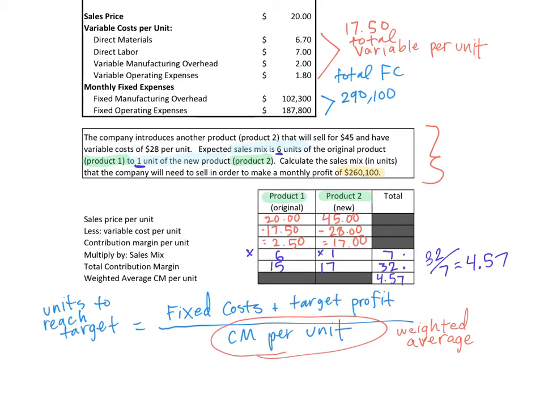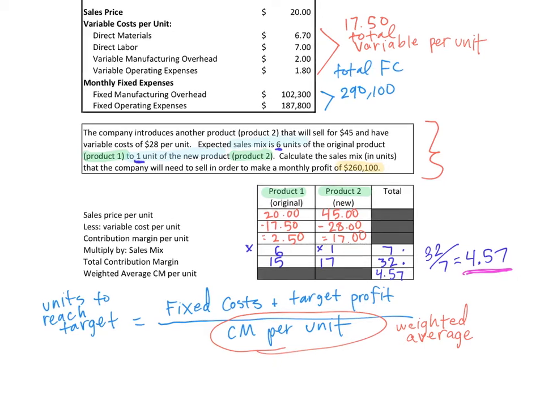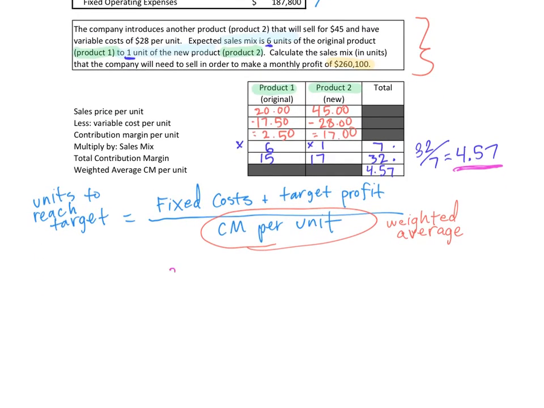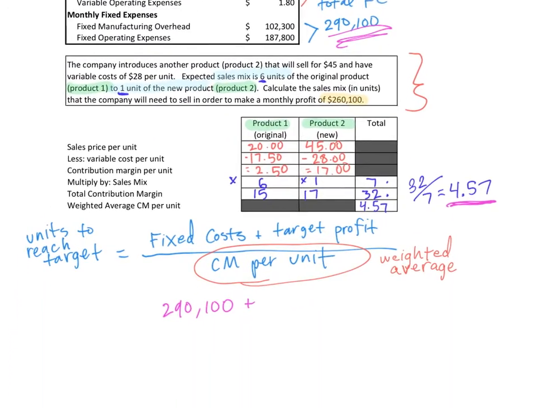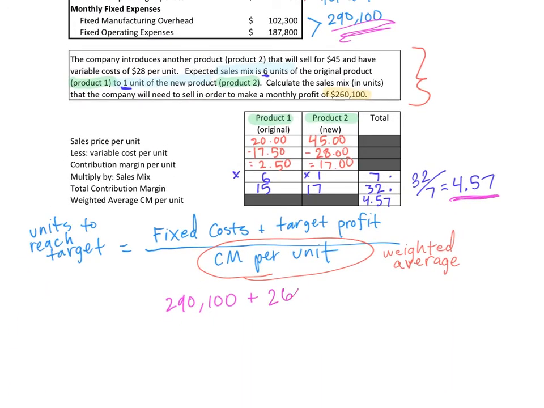We've done a lot of work to get to the weighted average contribution margin per unit, and now that we've calculated it, we can then plug that value into our target profit equation that we've seen before. So let's go ahead and fill out our equation using the fixed costs that we've calculated before at $290,100 and using the target profit listed in the question of $260,100.